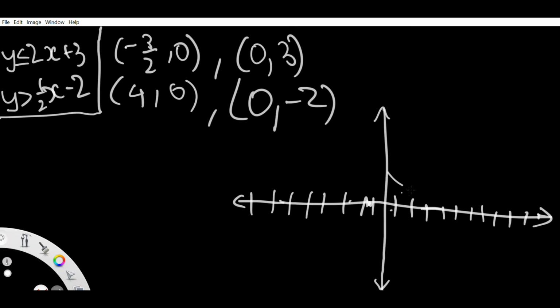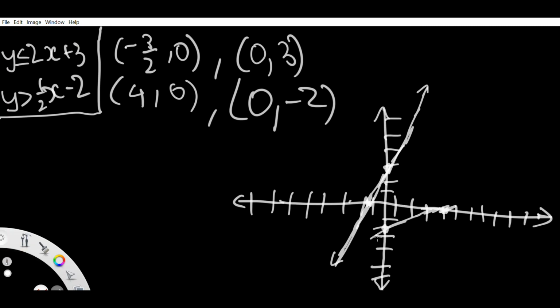And 0, 3 would be somewhere over here. So now let's graph a line connecting these two dots. And similarly we have 4, 0, so 1, 2, 3, 4, 0, and 0, negative 2. So there's another.